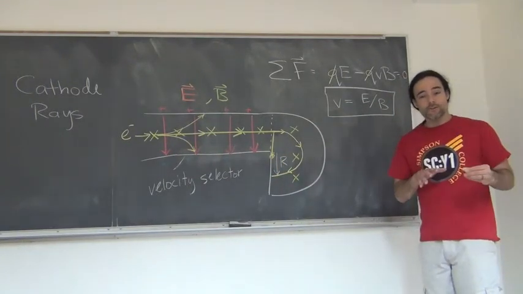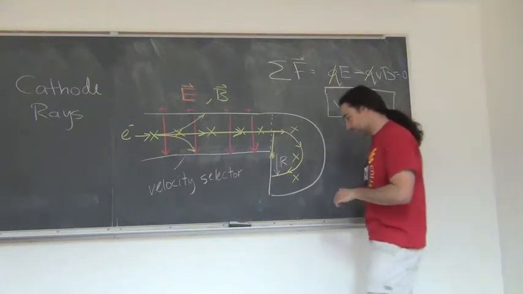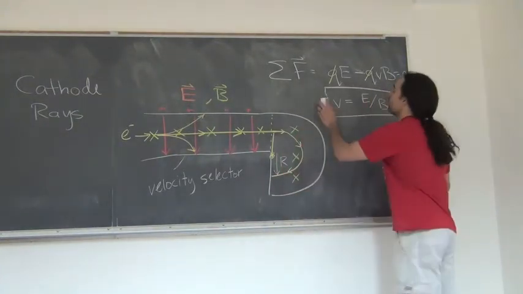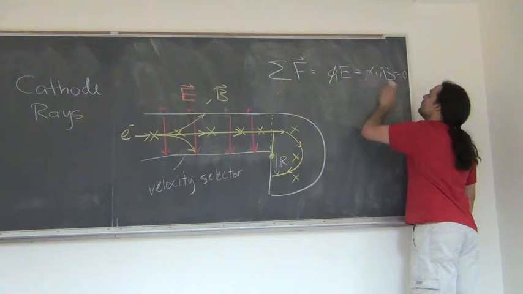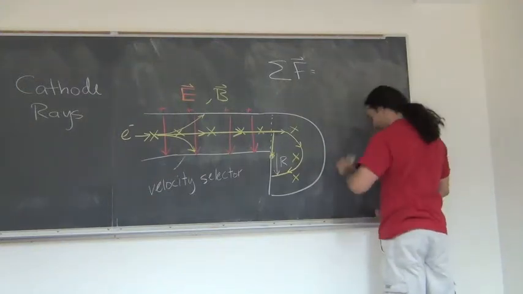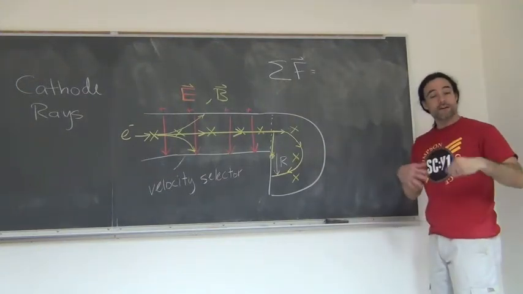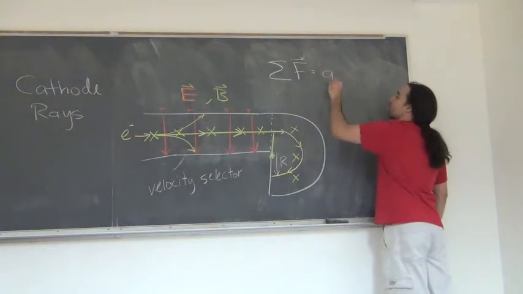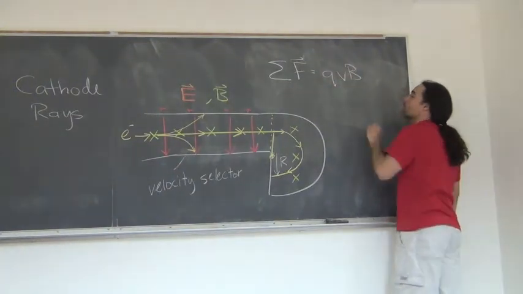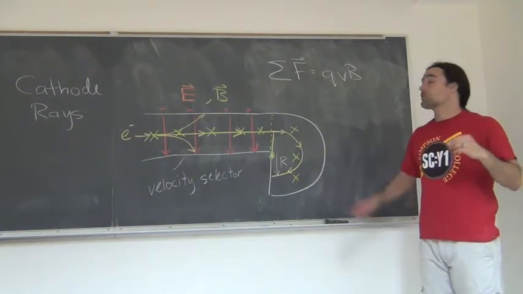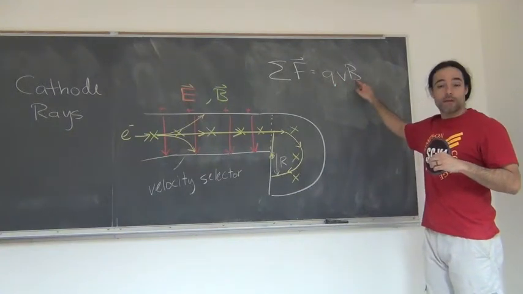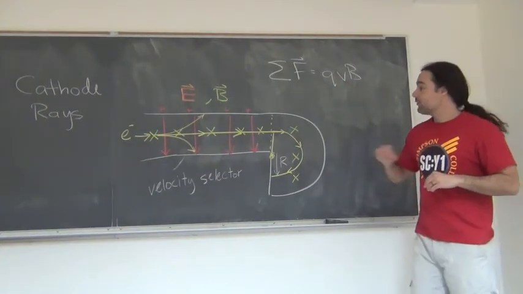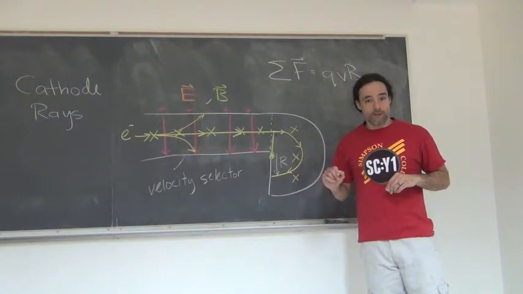Now, for this second segment, we get a different net force. Because there is no electric field, there's just a magnetic field. So the total force will just be the magnetic force, which is Q times V times B. We already know what the velocity is because we selected that in our velocity selector.